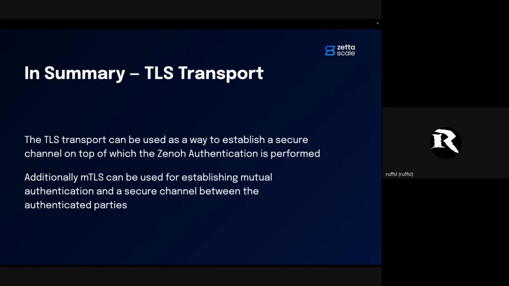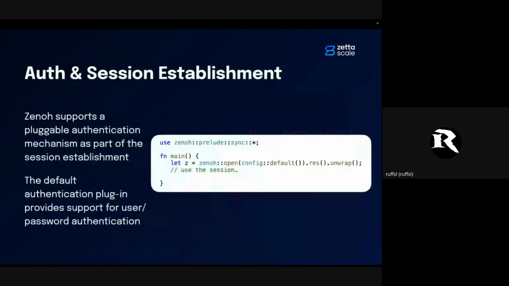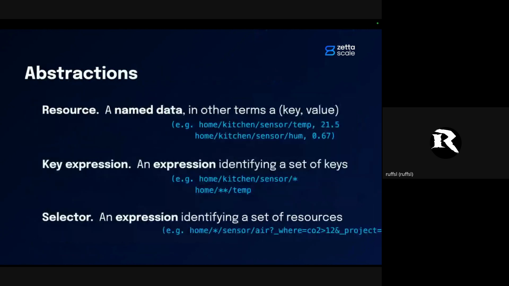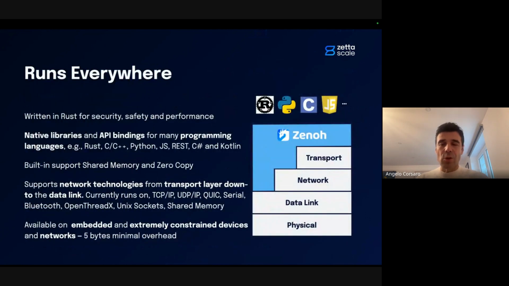And then you mentioned QUIC. How would you compare Zenoh to something like WebTransport that's also using QUIC? WebTransport is more like point to point, but in terms of using QUIC with QoS capabilities, that might be. Yeah, but for us, QUIC is just one of the possible transports that you see here.